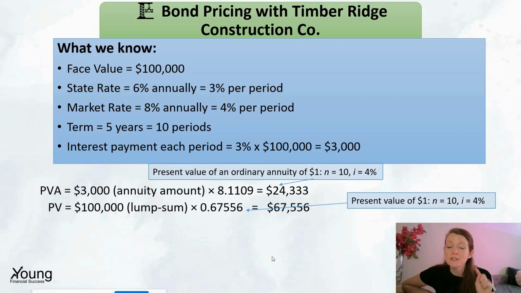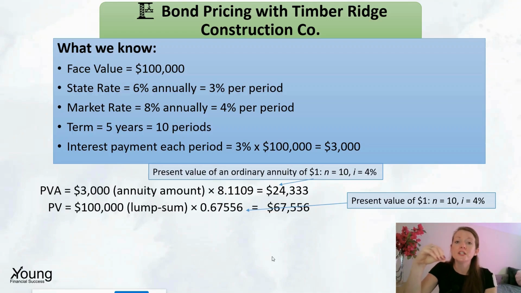But we are going to use the same criteria, the 10 payments of 4% in the market. So that gives us a present value factor of 0.67556. We multiply that times the $100,000 face value, gives us a present value of $67,566.